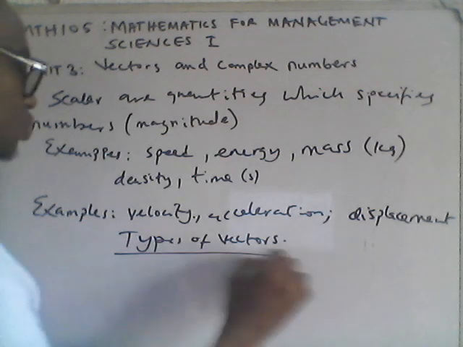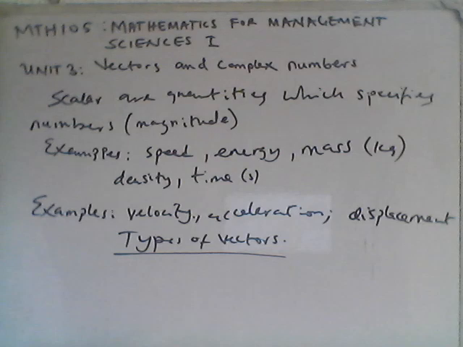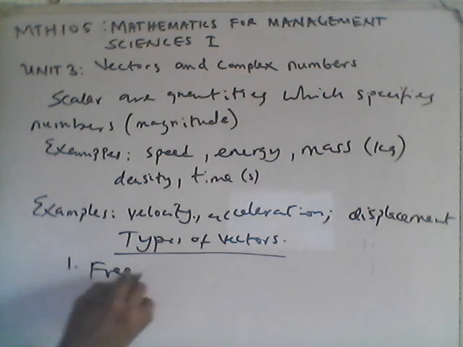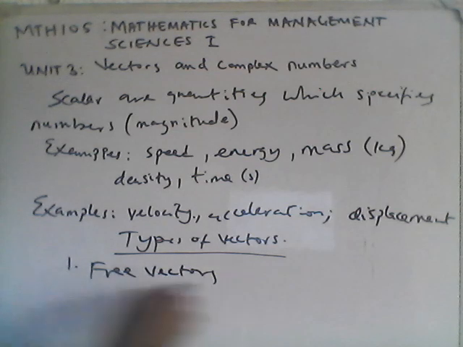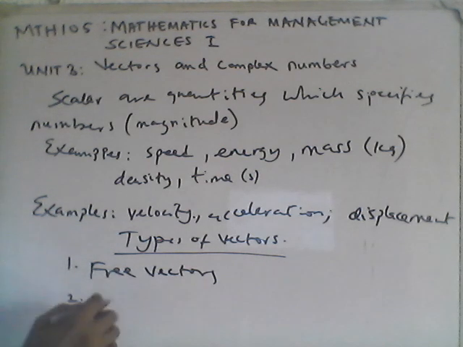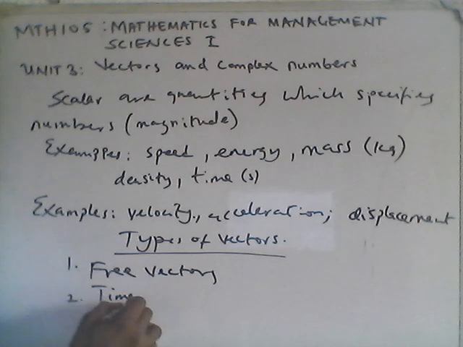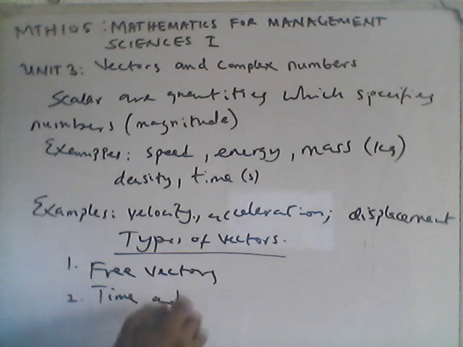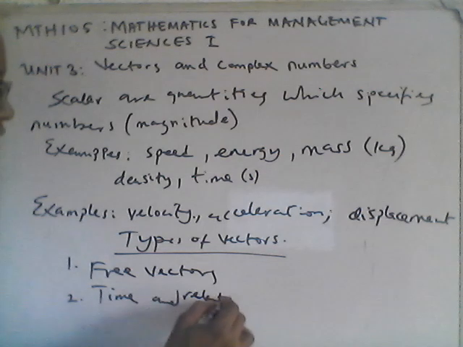For the types of vector, we're not going to deal with the types in this particular course. It's beyond the scope of this course, but it's just interesting for us to know the types. So I have three types. Number one, free vectors. Number two, I have time and time-related vectors, all the vectors related with time.